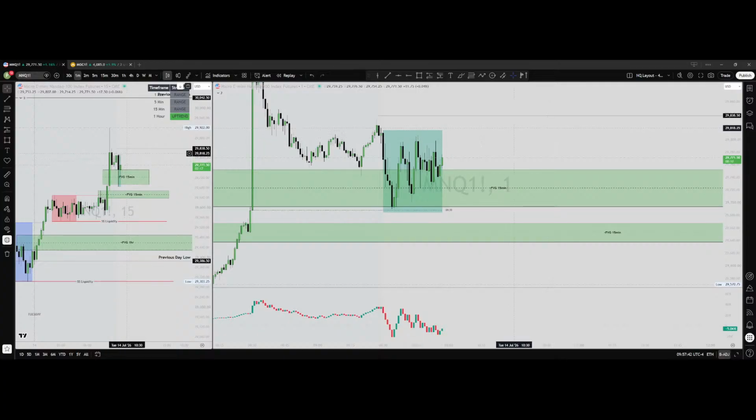Again, if price moves higher, then we will still get this order block. We'll still get that trade.